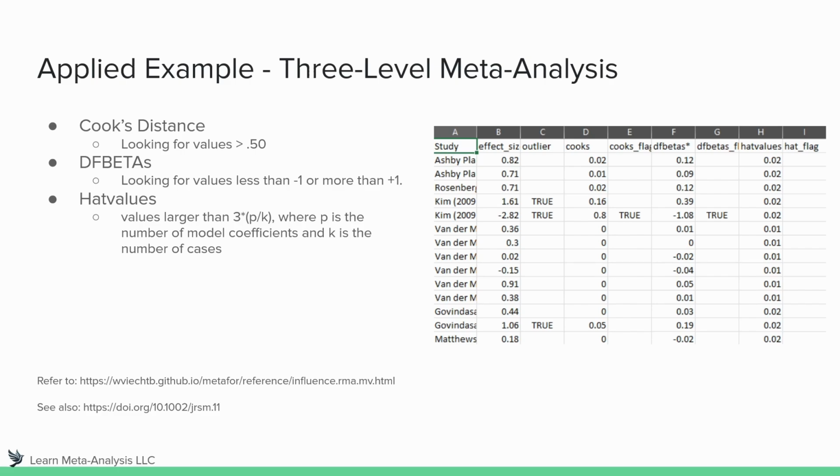Then if we look at column E, that says Cook's flag. If that is marked true, then that means it has significant influence according to Cook's distance. And with Cook's distance, we're looking for values over 0.5. Next, we can see DF betas. We have DF betas underscore flag. That's column G. Here again, we are looking for values that are either less than -1 or more than +1.